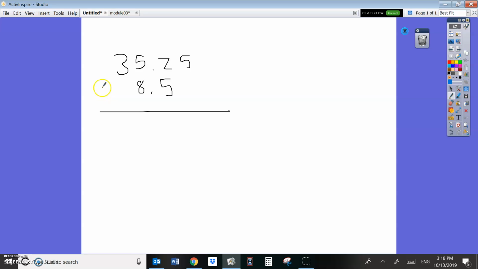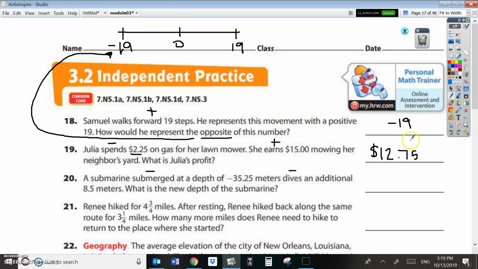Remember to line up the decimals. And you're adding them and they're both negative. So same signs, add and keep. Put a 0 there. 5, 7, 3, 1. Looks like 43.75. Negative 43.75 meters.